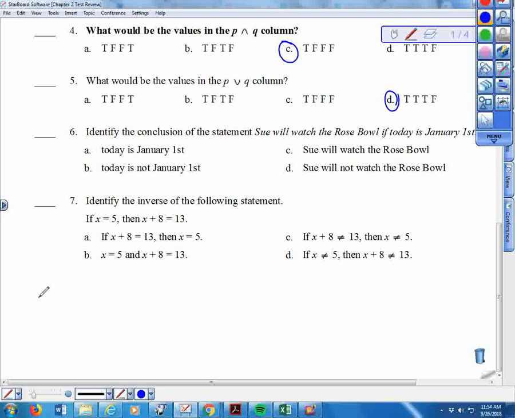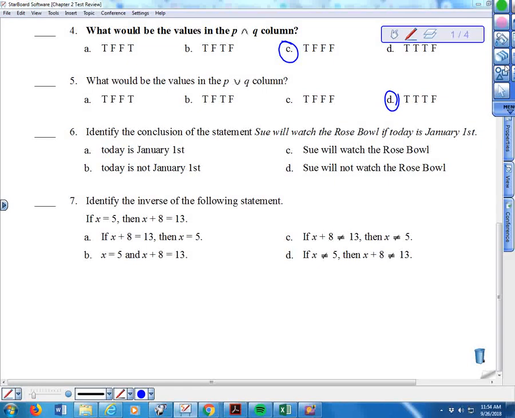Identify the conclusion of the statement, Sue will watch the Rose Bowl if today is January 1st. What's the conclusion? We have to identify the hypothesis and the conclusion, and they want the conclusion. What's the conclusion here? Sue will watch the Rose Bowl.